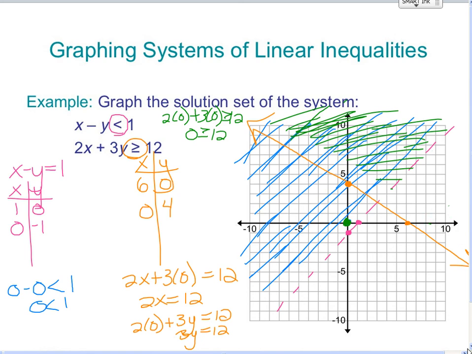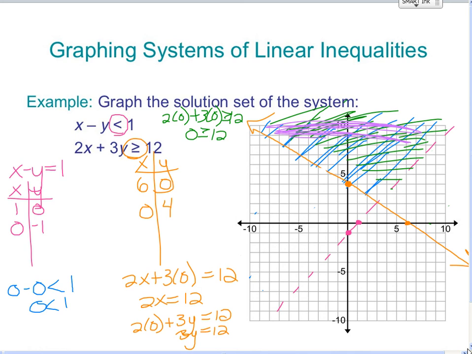If you look on the left side, you only see blue, not green and blue, so you're going to erase the blue. So the answer then would be where these two shadings overlap. So this is going to be your answer.